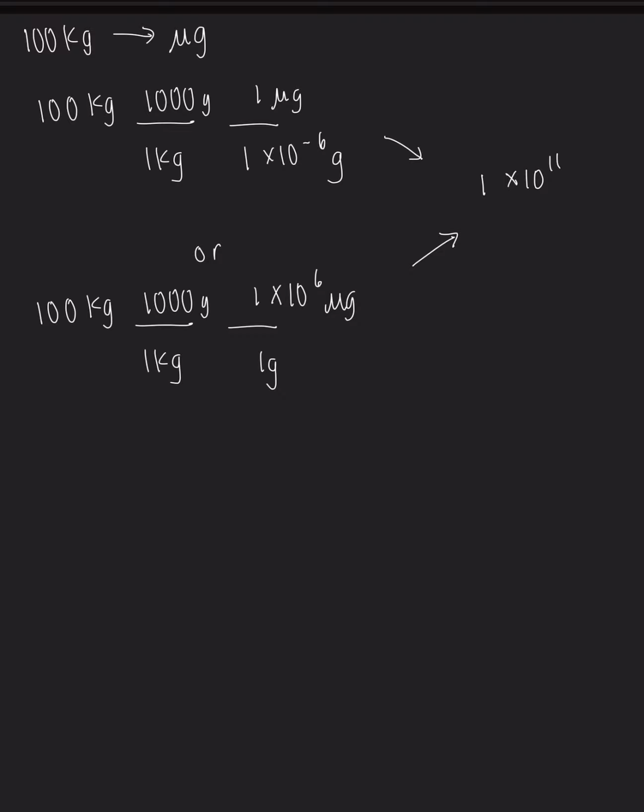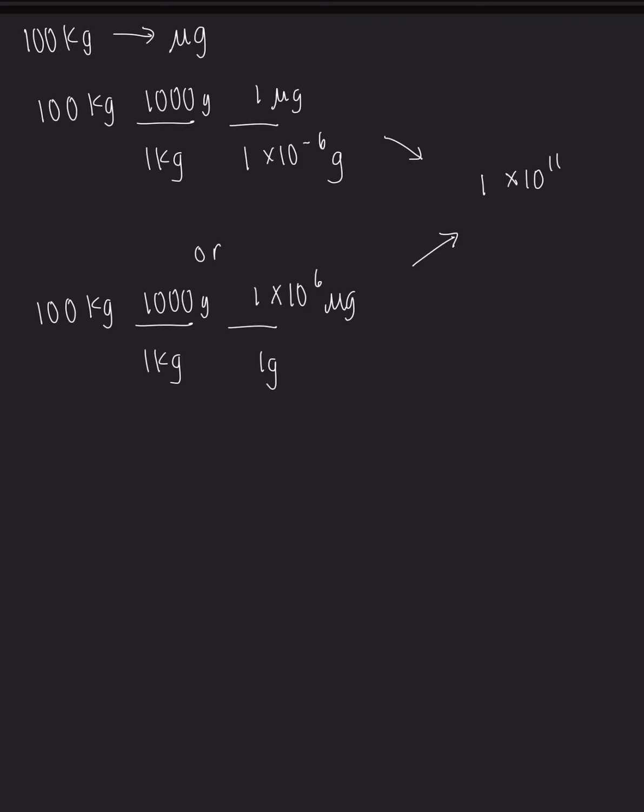Let me pull out my calculator. Yes, it's going to be 1 times 10 to the 11th. So 100 times 1,000 divided by 10 to the negative 6. And yes, it's going to be 1e11, or 1 times 10 to the 11th power. Again, there's 2 ways of looking at it, but it's the same thing. It's just opposite sides of the coin.